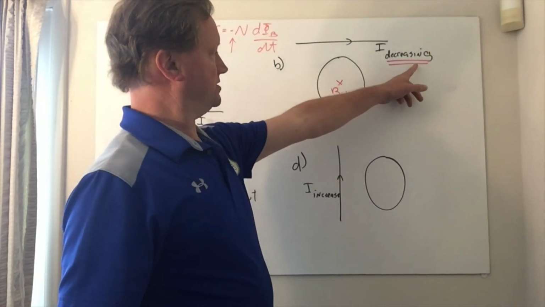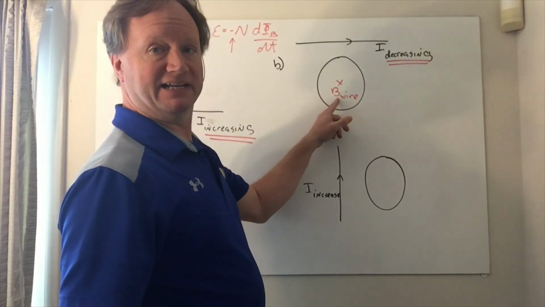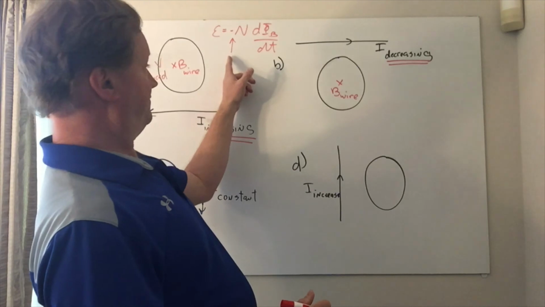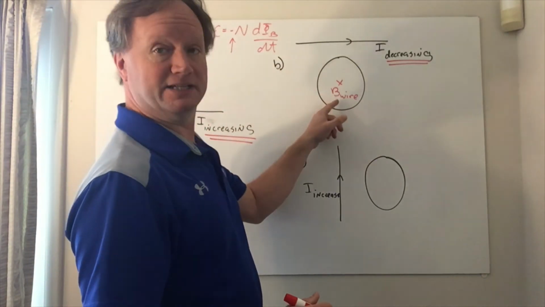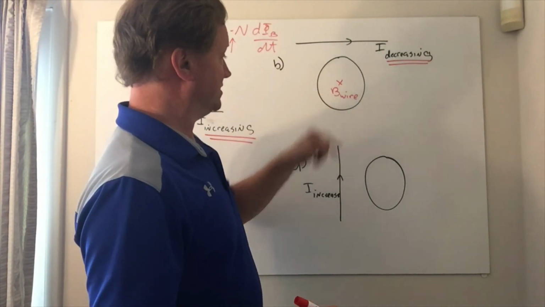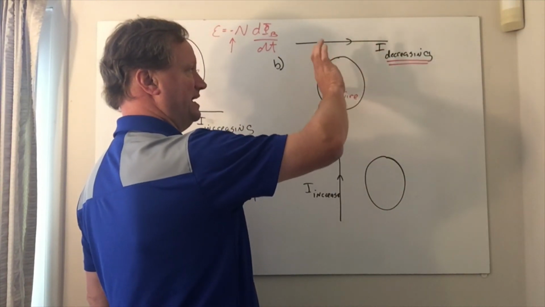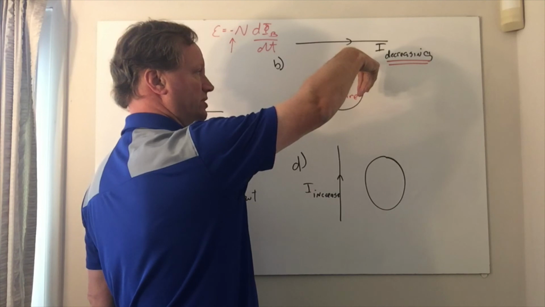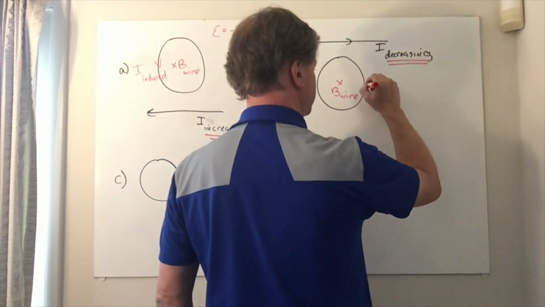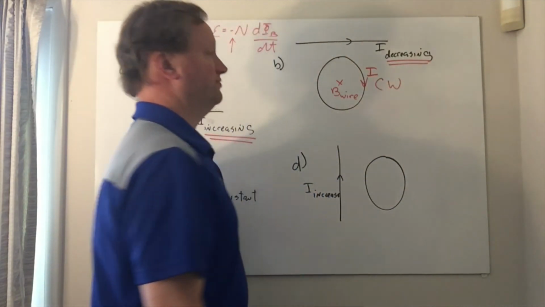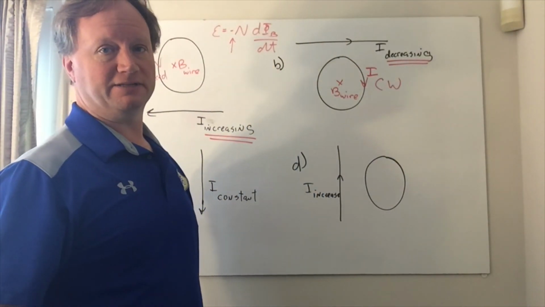Now, our current is decreasing, so this magnetic field is decreasing. If this magnetic field is decreasing, fighting the change will be fighting the decrease, so we will want to go in that same direction. So my thumb stays in, and I will induce a current in a clockwise direction to be able to fight that decrease in the magnetic field.